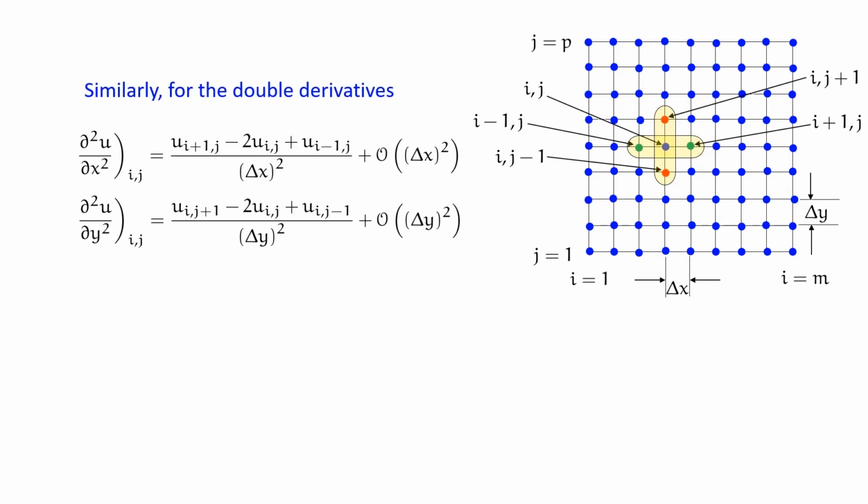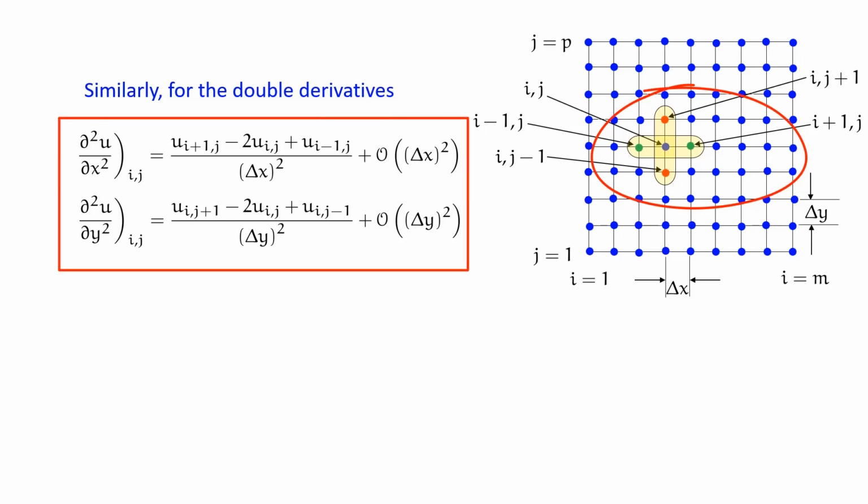You can carry out similar operations for double derivatives. In del 2u del x2, once again we have to move toward these green points, and we have u(i+1,j) minus twice u(i,j) plus u(i-1,j) divided by delta x squared, which has an order of accuracy of delta x squared.